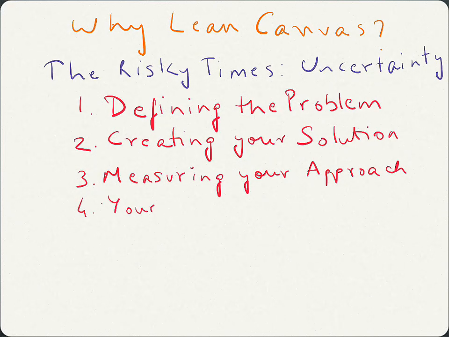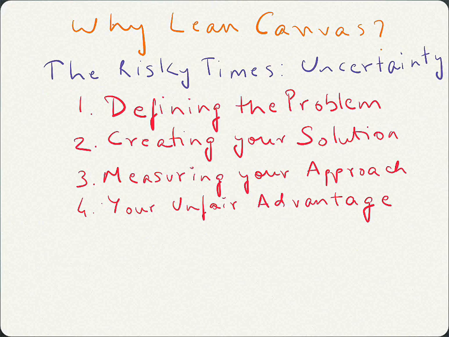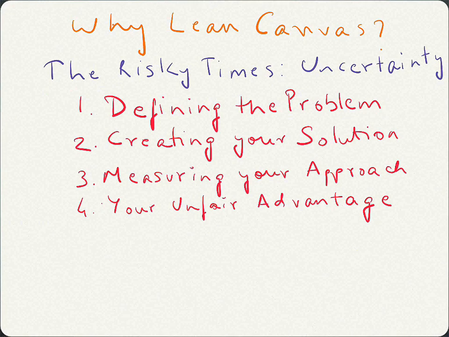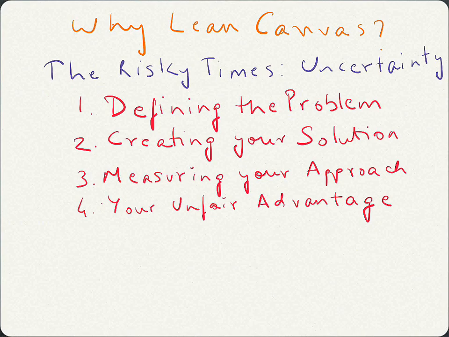Fourth, you have to work and rework and keep working on what is your unfair advantage. That magic recipe that nobody else in the market has, no other entrepreneur, no other big company, no other startup.